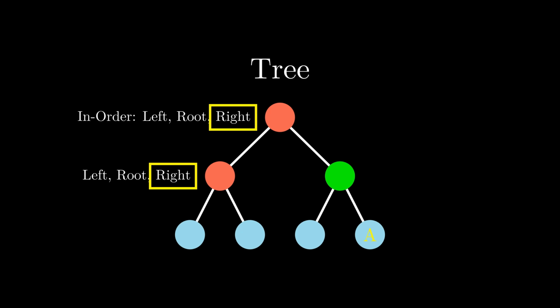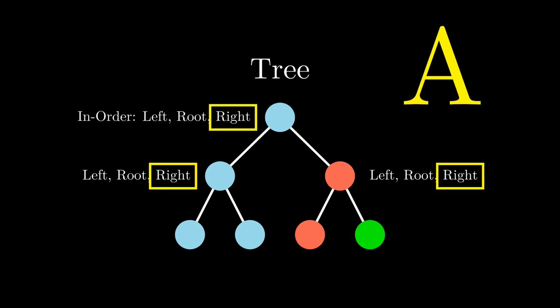This right node is the root node of this subtree, so we start by checking this subtree's left node. That doesn't contain our value, so we move to this subtree's root node. This node doesn't contain our value, so we move to this subtree's right node. And this right node does contain our value, so we have found our value and can finish.